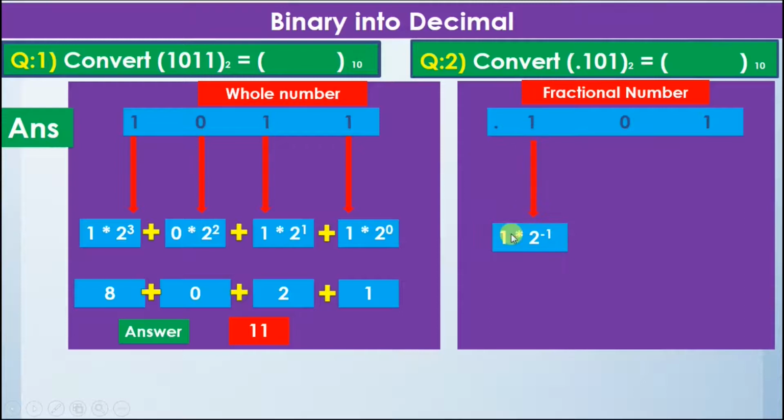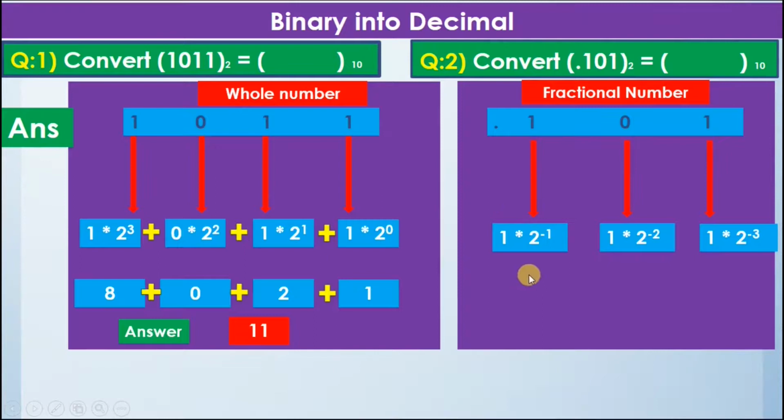First of all, we take the number 1 and multiply it by 2 raised to power minus 1. Then we take the number 0 and multiply it by 2 raised to power minus 2. Then we take the number 1 and multiply it by 2 raised to power minus 3. The difference between this method and the previous method is that negative powers are used here, and there we use positive powers.